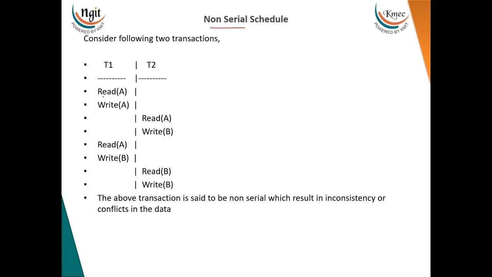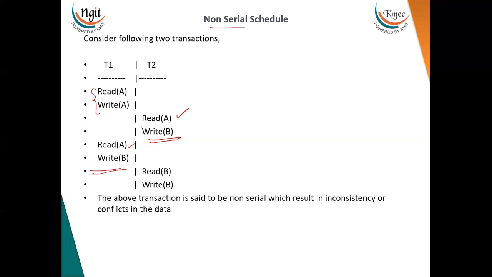Here, T1 transaction performs read and write operations on A, and T2 transaction enters in order to perform read operation on A and write operation on B. It is performing read on A and write on B. And then you can see T1 transaction is performing read operation on A and write operation on B. Here you can see write operation on B is made by T2 transaction as well as T1 transaction before it commits.